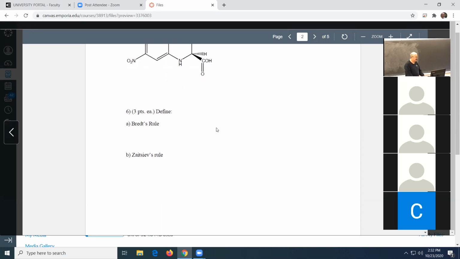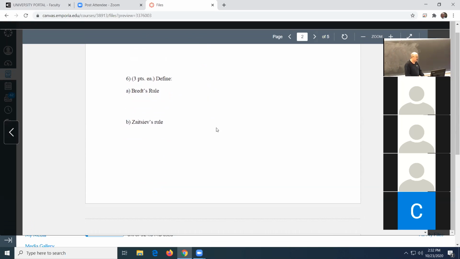All right, number 6, Bredt's rule. Bredt's rule says that for a small bridged bicyclic system, that is where all of the rings are smaller than 8 members, you cannot have a double bond at the bridgehead.